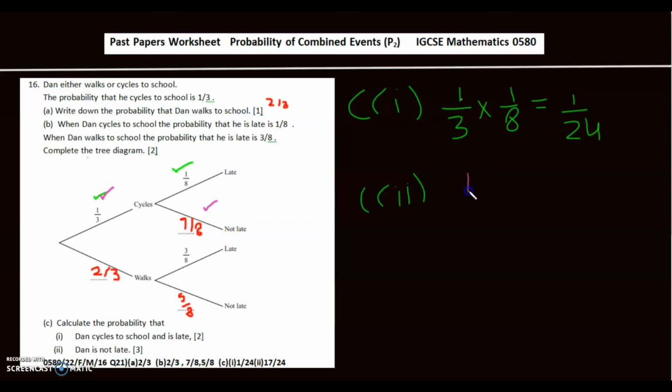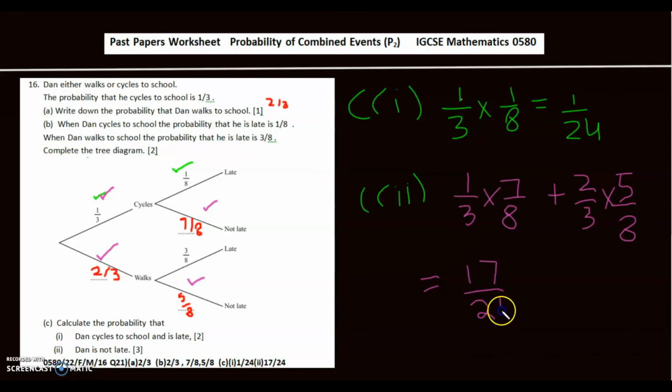So that's going to be 1 upon 3 times 7 by 8, or means plus there's another case that he walks and he's not late, which is 2 upon 3 times 5 upon 8. So this product and sum would give us 17 upon 24.